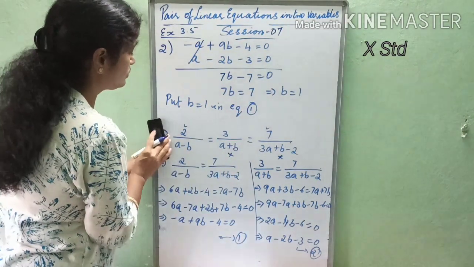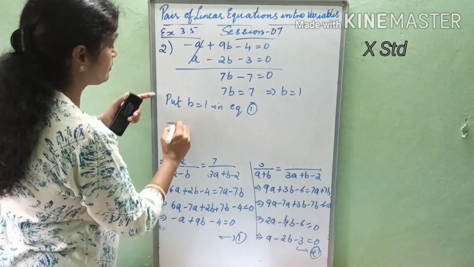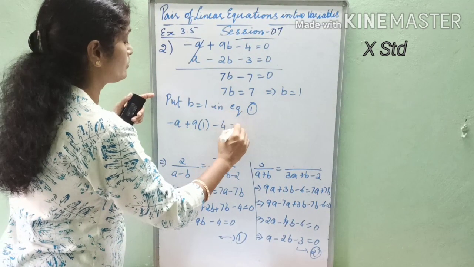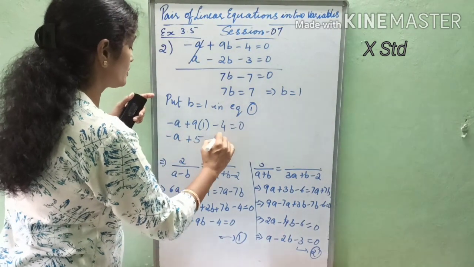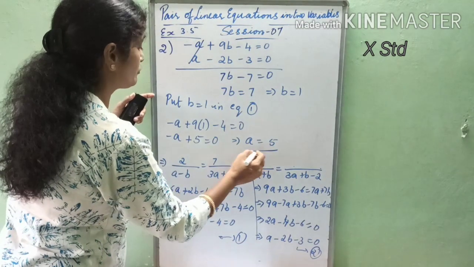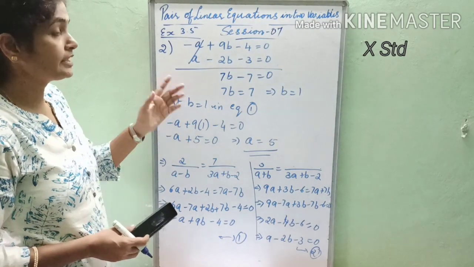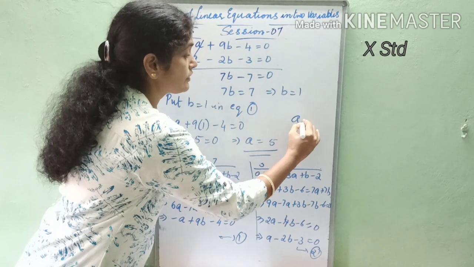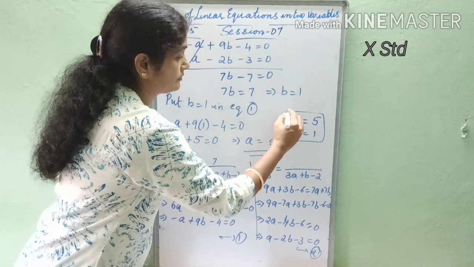If we do so, minus a plus 9 into 1 minus 4 equal to 0, minus a plus 5 equal to 0, which implies a is equal to 5. a is equal to 5. So what are the values of a and b so that the linear equations in two variables should have infinitely many solutions? That is, the value of a should be 5 and the value of b should be 1.